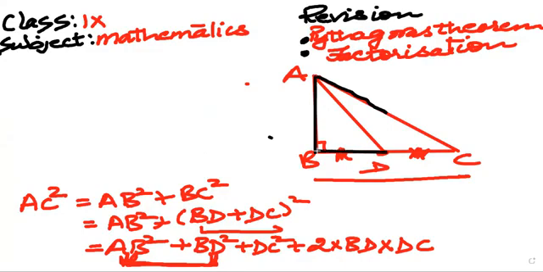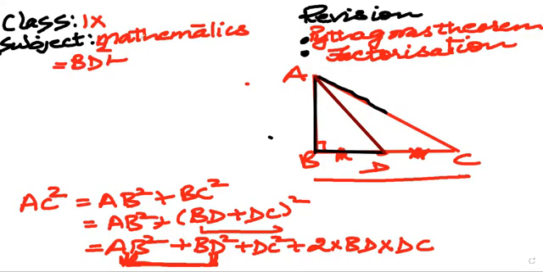So children, can you tell me, if I do AB square plus BD square, what I will get? Yes, because this is the Pythagoras theorem, and I will get AD square. So AB square plus BD square is actually your AD square. So instead of that, you can write AD square.